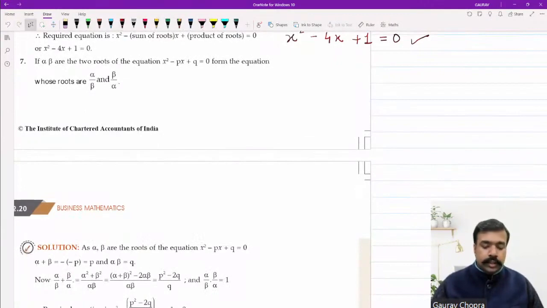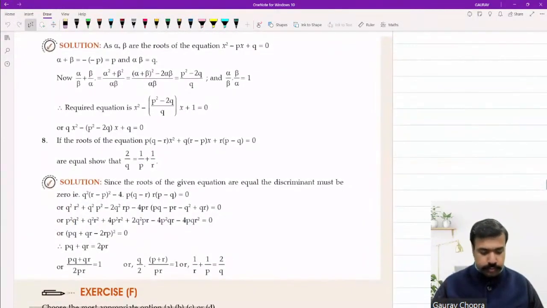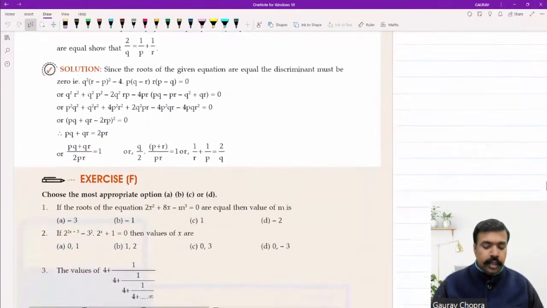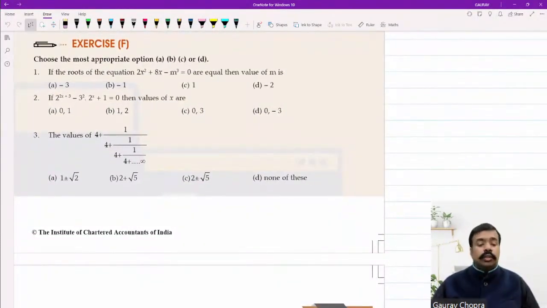Now question number 7 is similar to one we have already done. All right. Now let us try exercise number F. Now we can solve this by using the options. So the first question says if the roots of the equation are equal, then what will be the value of m?